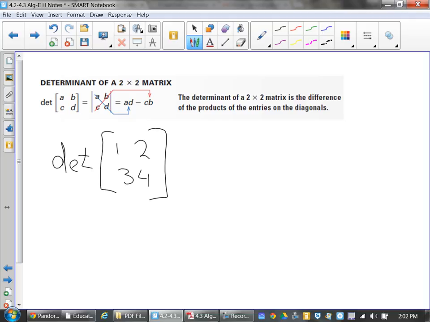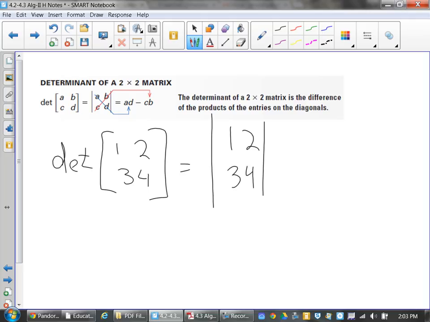Determinants will only work with square matrices. This will sometimes be written as DET, or they'll write it with two upright bars. It looks kind of like an absolute value, but those two upright bars stand for a determinant. They both mean the same thing.